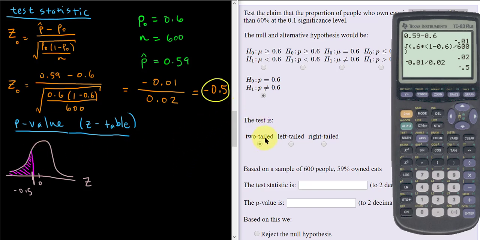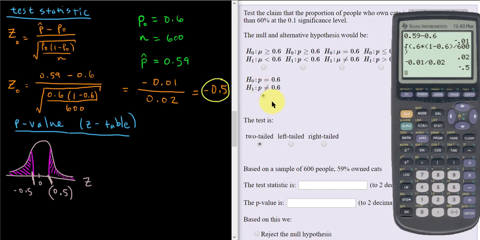Now here's the thing though, this was a two-tailed test. So we also want to find the symmetric area over here, which would be the area to the right of this tick mark, positive 0.5. Now we didn't calculate positive 0.5 as our test statistic, but because we're looking for a difference, we can observe a difference in two ways, right?